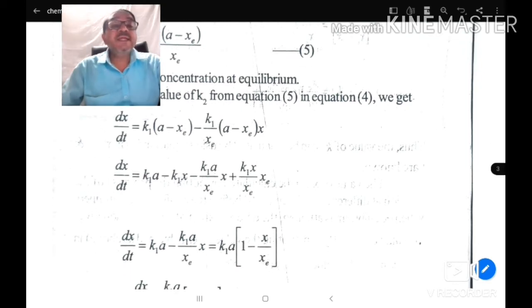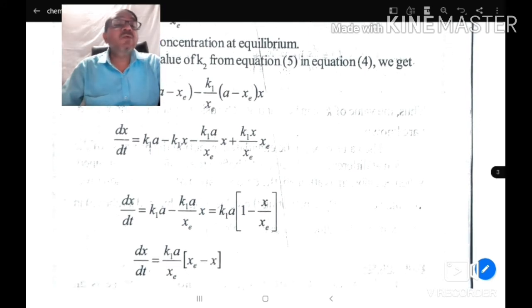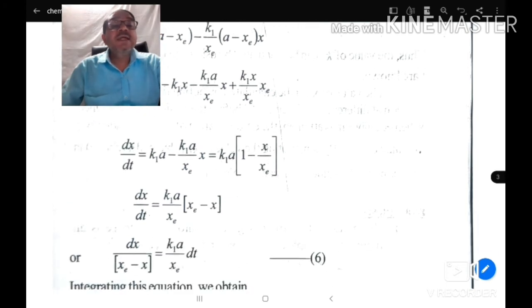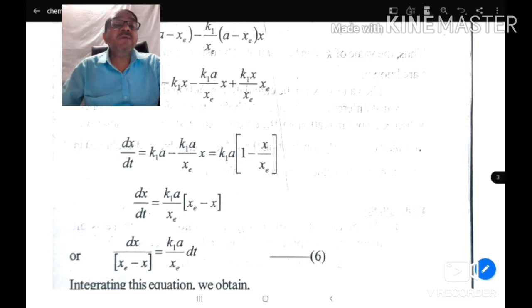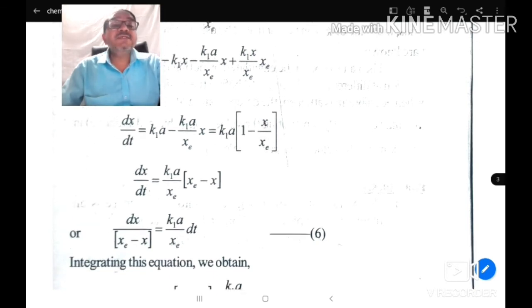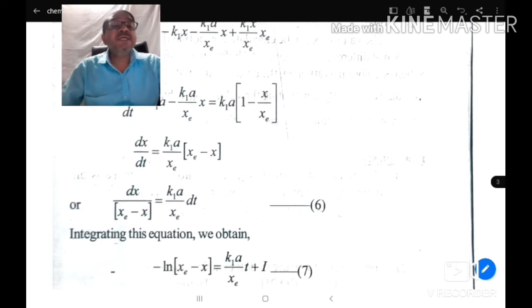So dx by dt is equal to k1 a minus k1 a upon xe into x, which is equal to k1 a into bracket 1 minus x upon xe. Dx by dt is equal to k1 a upon xe in bracket xe minus x, or dx upon xe minus x is equal to k1 a upon xe dt. Label this as equation number 6.